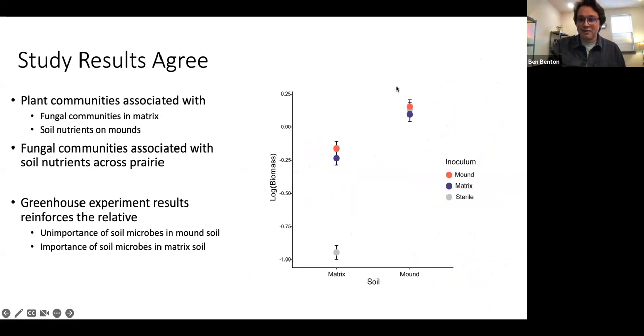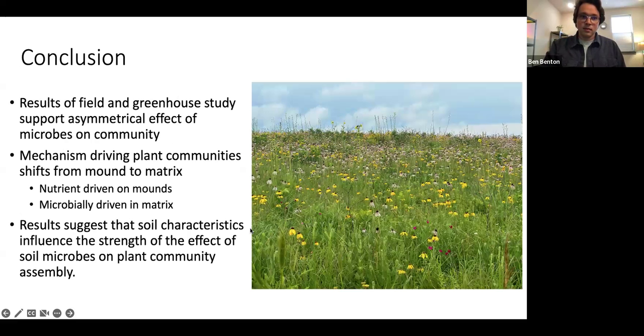So we saw no effect of inoculation on plant growth in mound soil, and the importance of soil microbes in the matrix soil. Whenever plants were growing in matrix soil, it really mattered if there were microbes in the soil versus if there weren't. So in conclusion, the results of these two studies agree with each other that there's this asymmetrical effect of soil microbes on the plant communities.